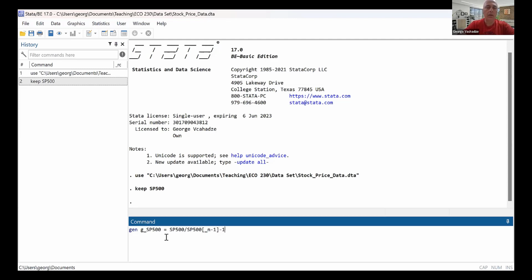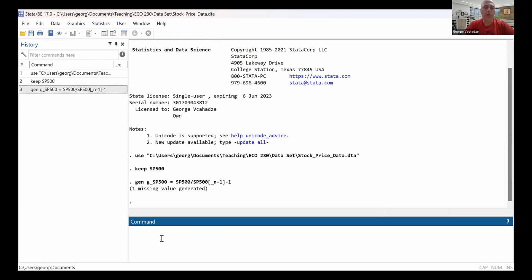_n-1 -1. And the first thing is I will construct a 95% confidence interval of the daily return population variances, for G_SP500, and level, and I indicate the confidence level.